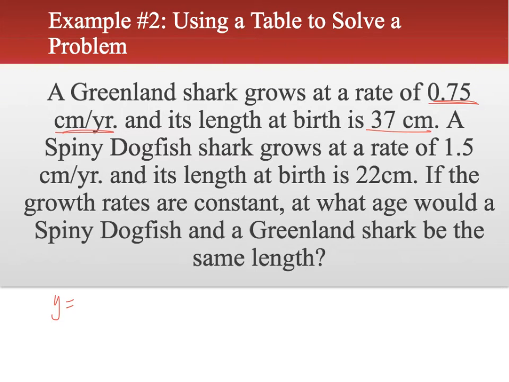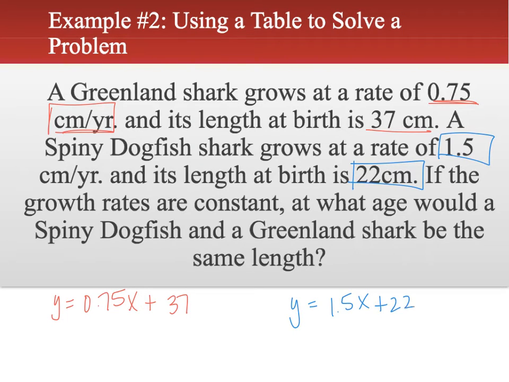And the rate we see is centimeters per year. So that means our equation here is 0.75x plus 37. So that would be for the Greenland shark. For the spiny dogfish shark, we have a rate of 1.5 centimeters per year and a length at birth of 22 centimeters. So that's going to be y equals 1.5x plus 22.